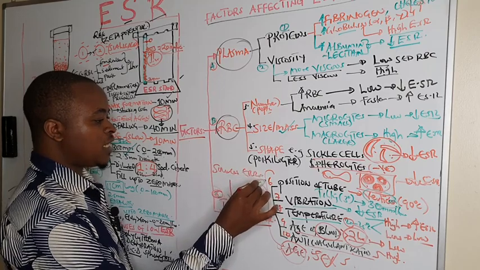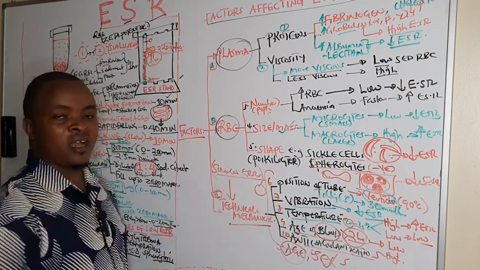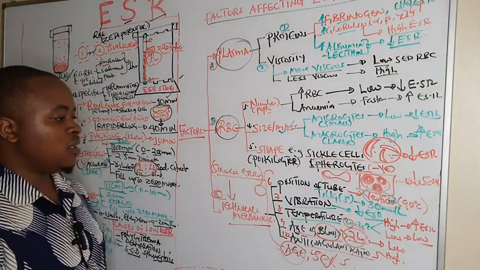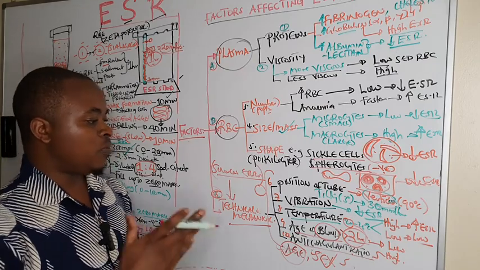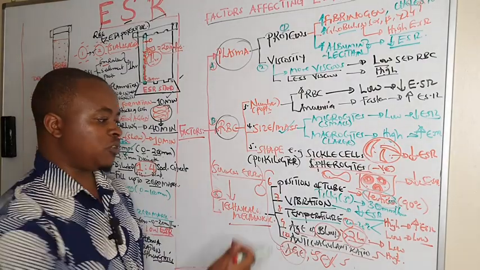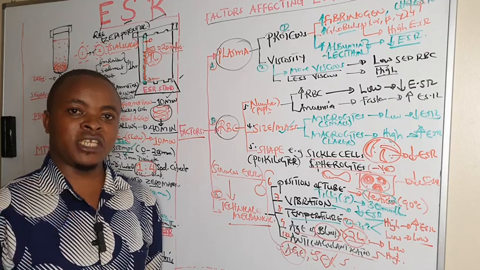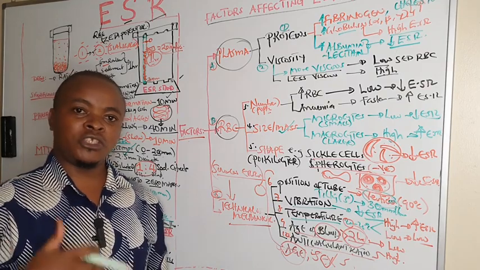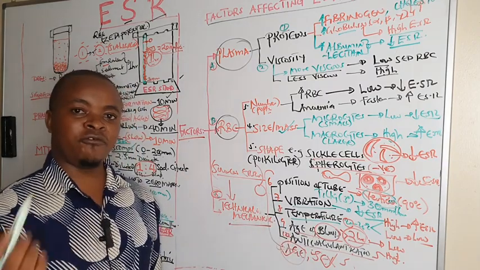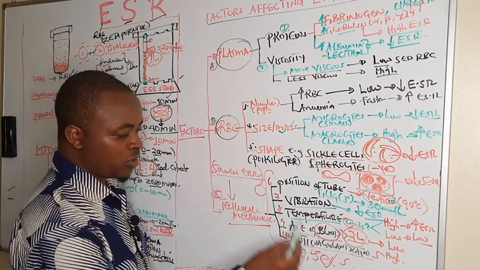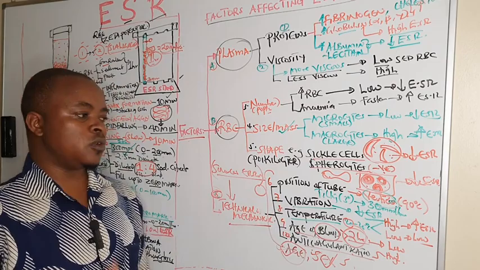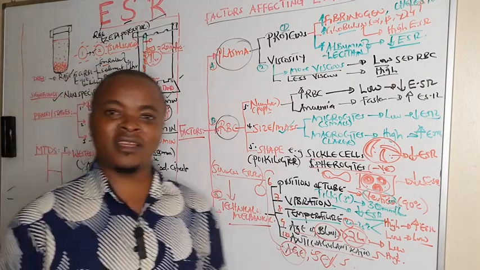So if they ask in an exam to outline any 5 sources of error during ESR determination, you can always include tilting of the tube, presence of vibration, performing in direct sunlight, which will increase the temperature, using a hemolyzed sample, using a sample which has stayed long at room temperature, then failure to mix the blood with the anticoagulant can be a source of error.